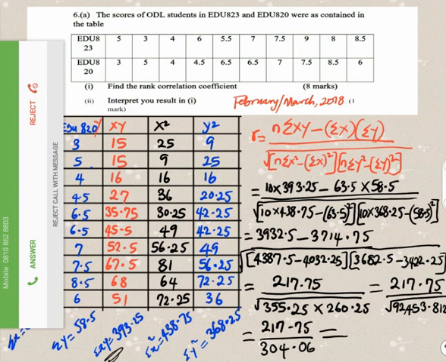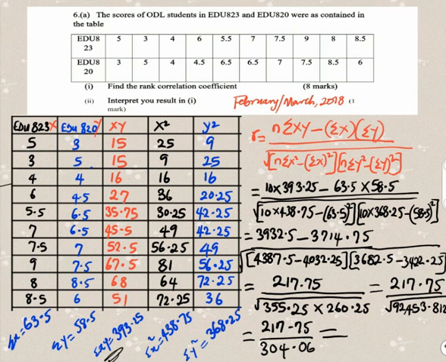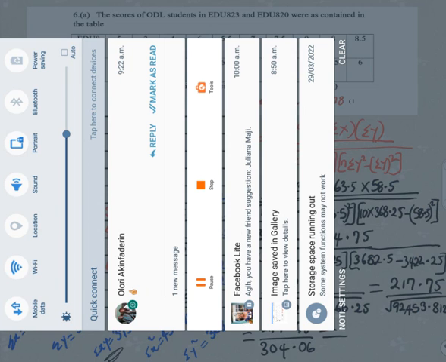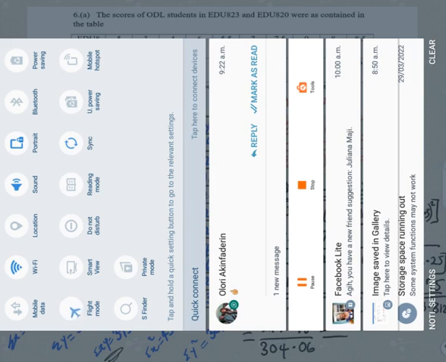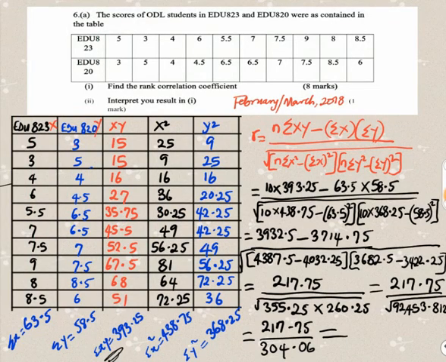All right, let's do this division quickly. 217.75 divided by 304.06, and we're going to have approximately 0.72.